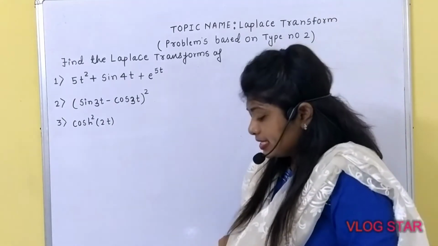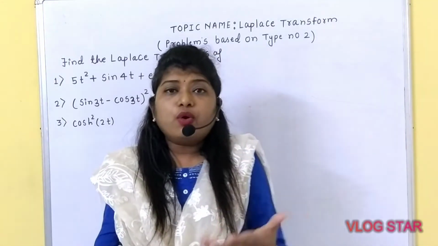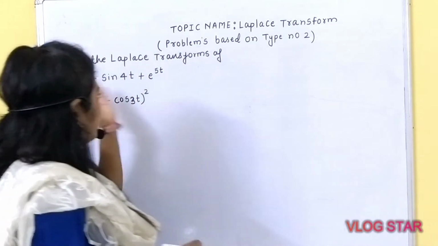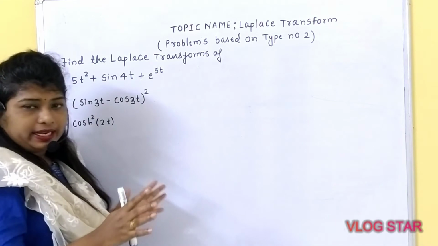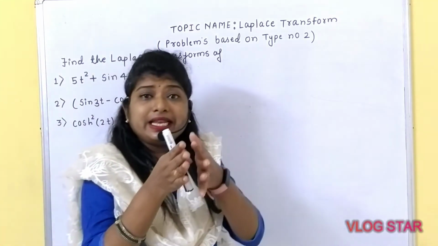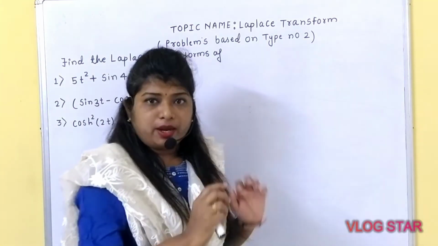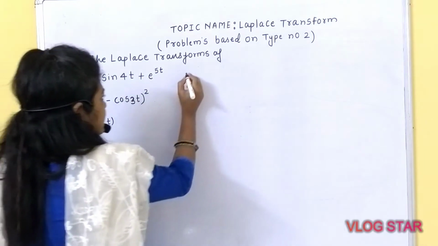Okay. So let's consider one example of how we are going to find the Laplace transform of this. If you observe carefully, an addition sign is there. It means that you can easily separate out each and every term. So let's begin with the first example.